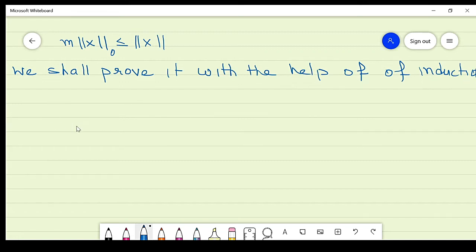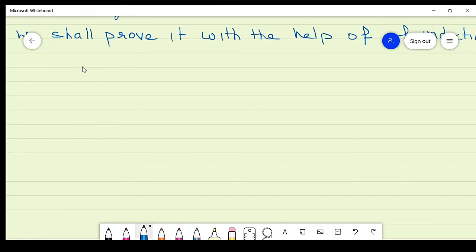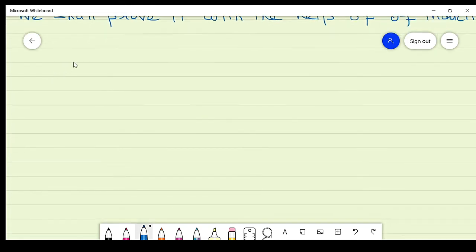The first step is the result should be true for p equal to 1, then assume the result is true for p minus 1, and then prove for p vectors. So first we suppose p is equal to 1, right? If p is equal to 1, then the x vector is alpha 1 into e1, right?